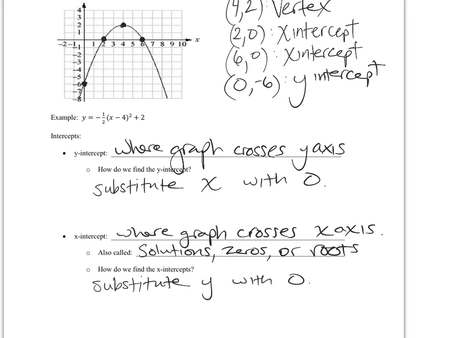When we want to find the x-intercept, we could substitute the y with 0. There are some names that we call these x-intercepts. They're either called solutions or zeros or roots, and this is where the y value is indeed 0. And so when we set a quadratic equation equal to 0, which is our first step in solving a quadratic equation, basically we're looking for the x-intercepts.